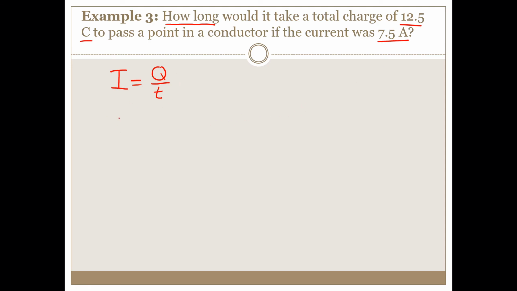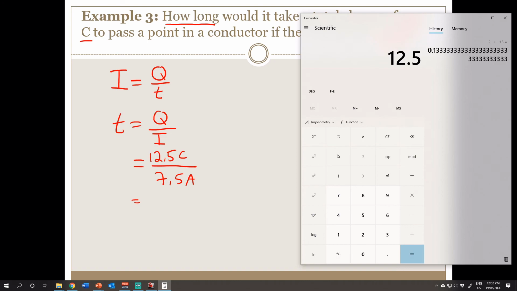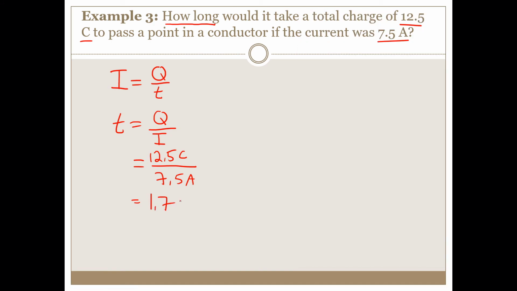So we'll rearrange this equation to find time. Time will be charge over current. We have a total of 12.5 coulombs of charge and a current of 7.5 amps, so 12.5 divided by 7.5 gives a total time of 1.7 seconds.